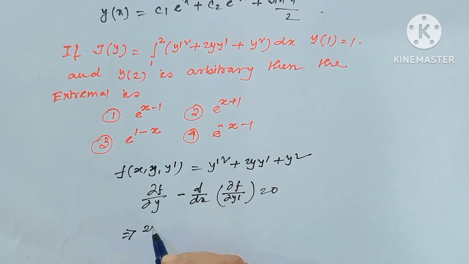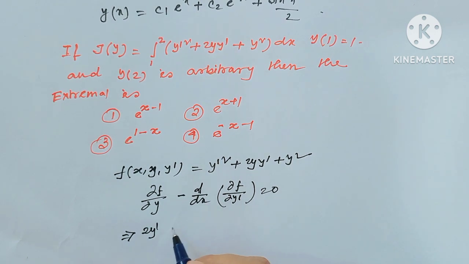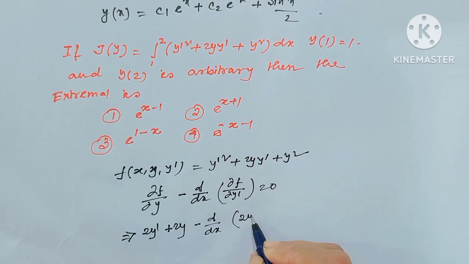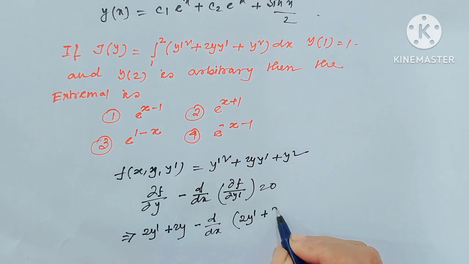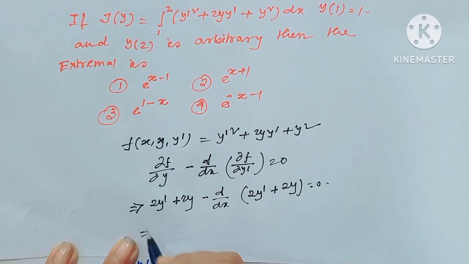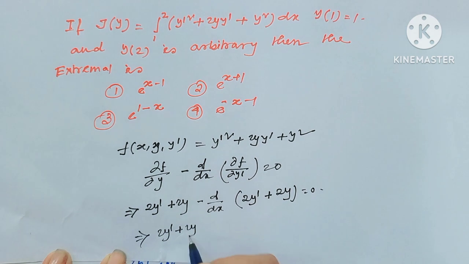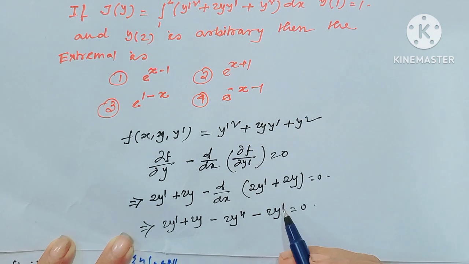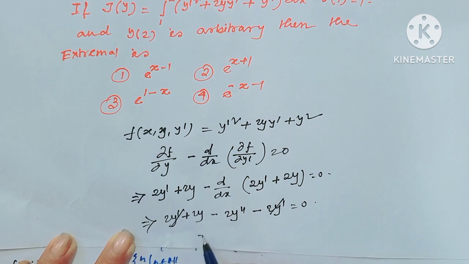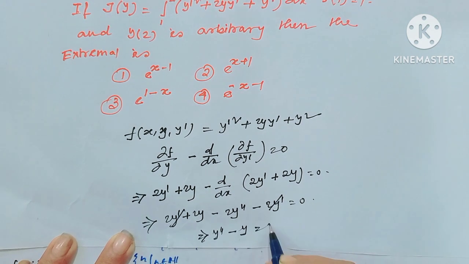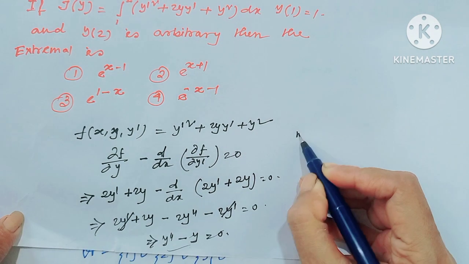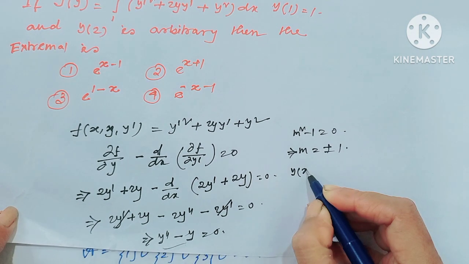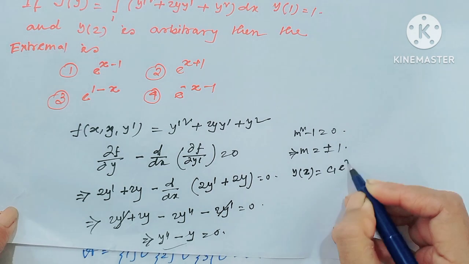That implies (2y' + 2y) - d/dx(2y' + 2y) = 0, so 2y' + 2y - 2y'' - 2y' = 0. Cancelling, we get y'' - y = 0. The auxiliary equation is m^2 - 1 = 0, so m = ±1.